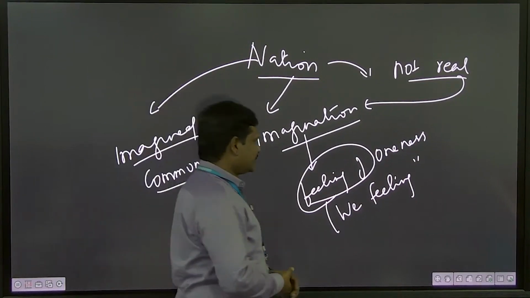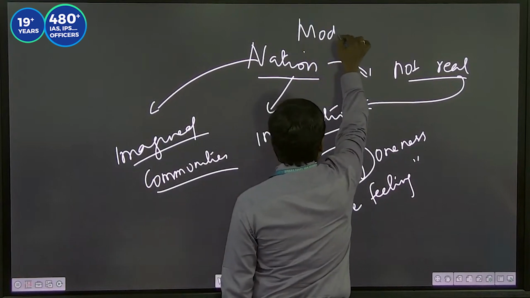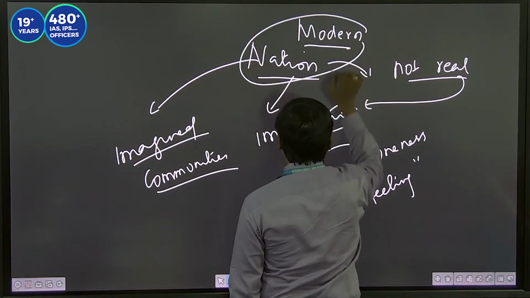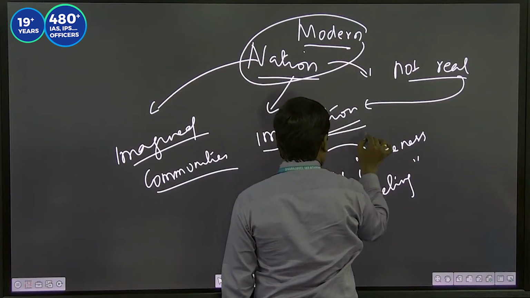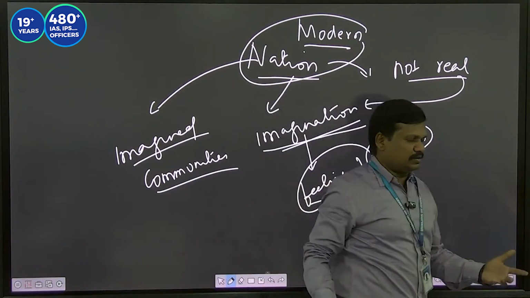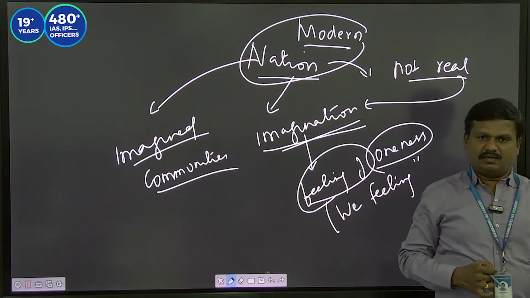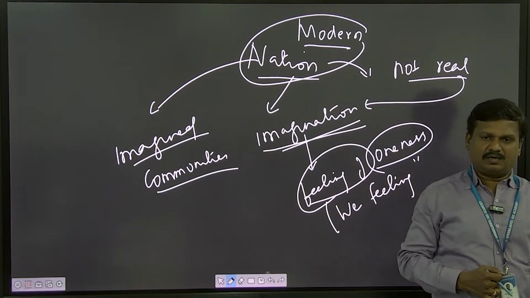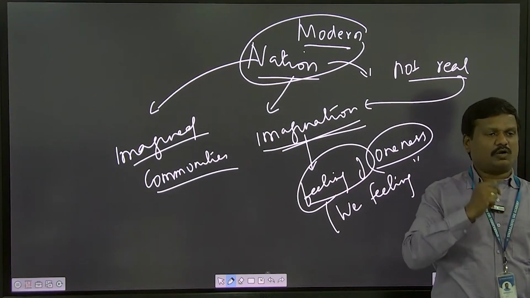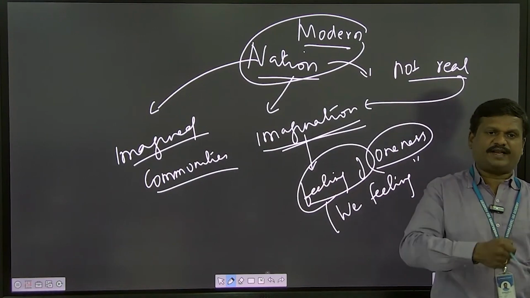So modern state, they speak about modern nation, comes because of imagination of oneness. You just imagine that you are all one. But are you really one? You are not really one. You imagine that you are one. So India as a nation is only an idea.